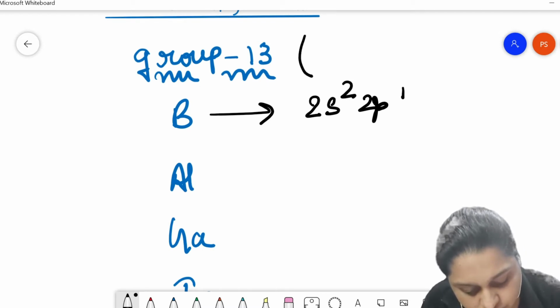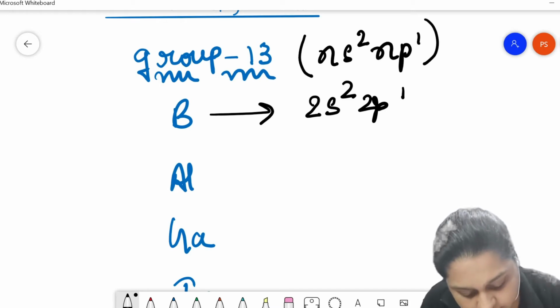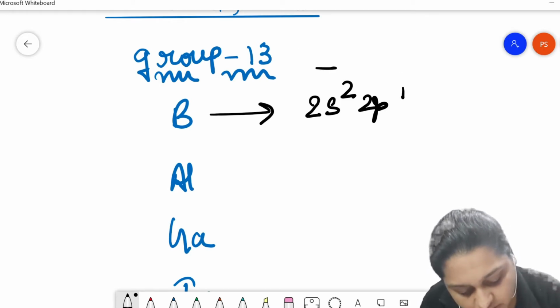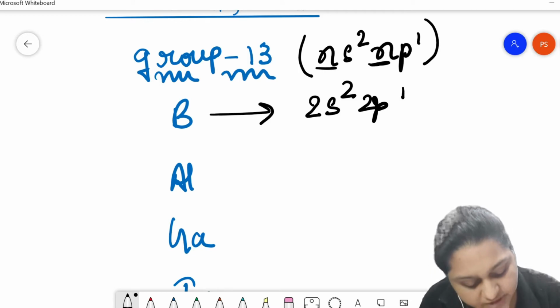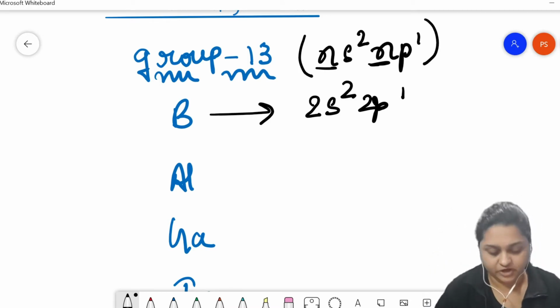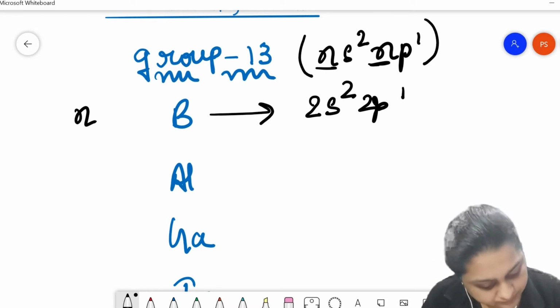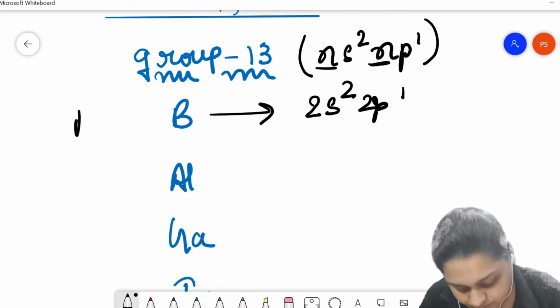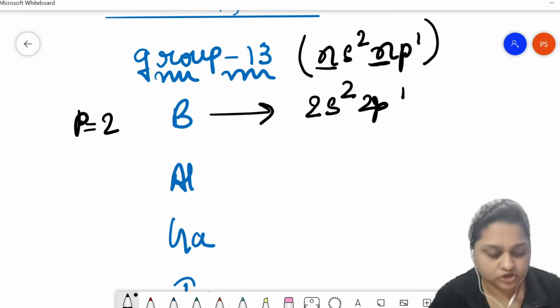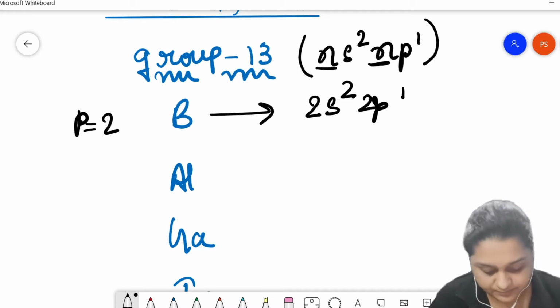The general electronic configuration is ns2 np1. N is the number of the period to which the elements belong, like boron belongs to second period, so the electronic configuration is 2s2 2p1.